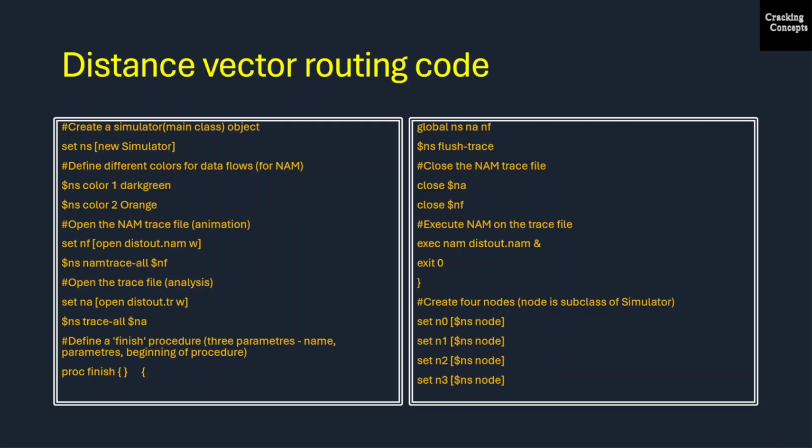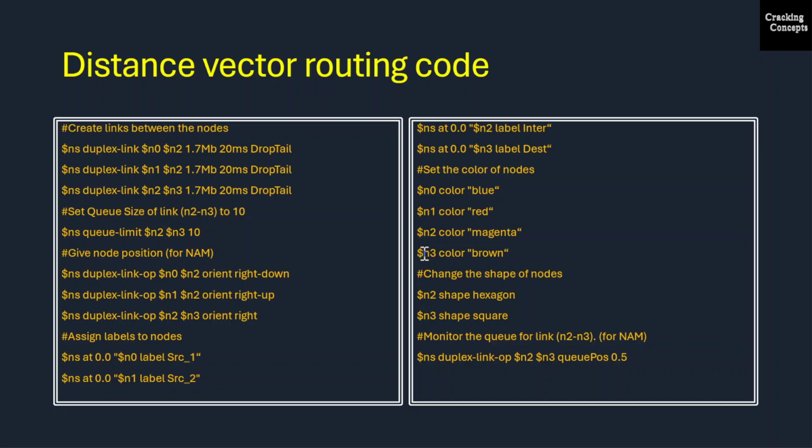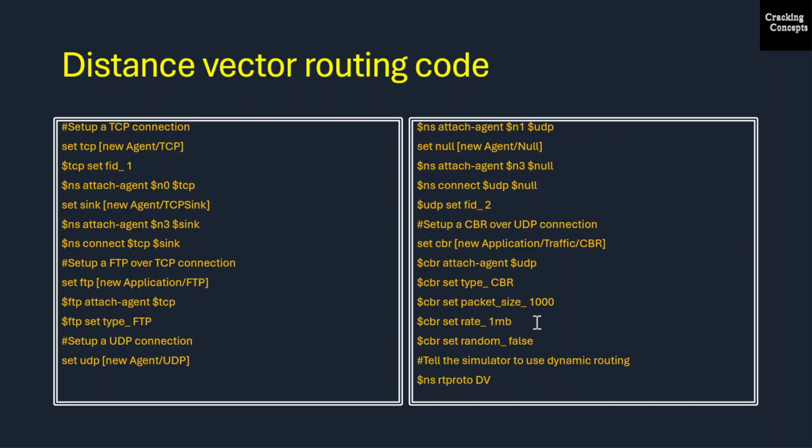The program is almost the same as that I used in the previous video, where we create a simulator object, defining colors to the data flow, opening the nam trace file, writing the finish procedure, after that creating the nodes, etc. There might be changes in the capacity of the link and the propagation delay that have slightly changed, and the statements that I've added to show that this is distance vector routing is this.